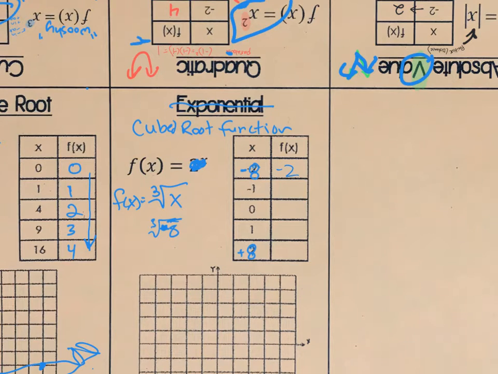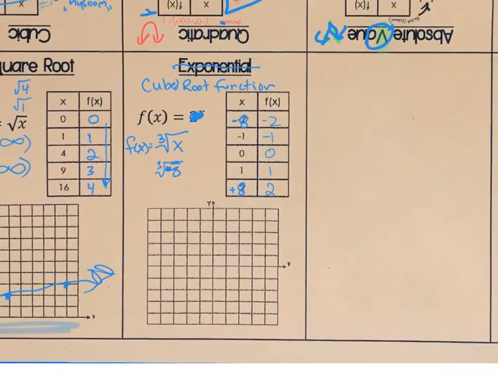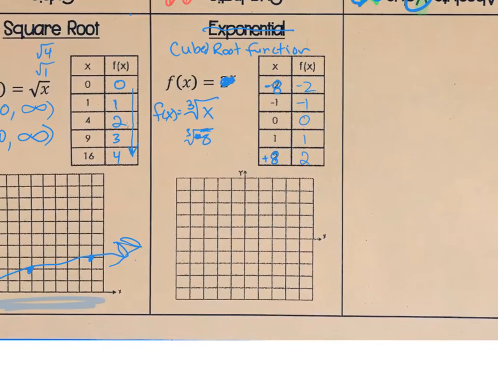And what times itself gives me 1, 1, 0, 1. And here, this positive 8 is going to be regular 2. So when I graph this, this time they did give me negative values.